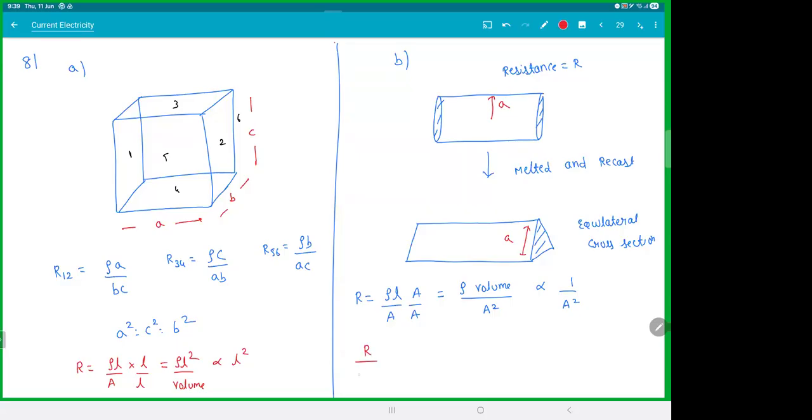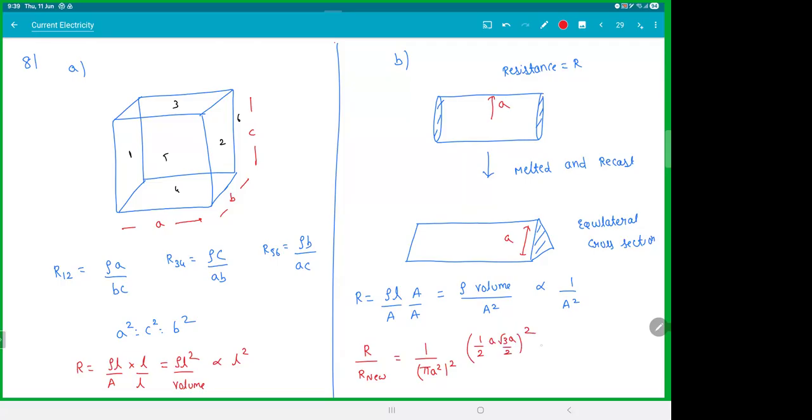So R by R new: what was the initial area? Pi a square, whole square, into 1 by the area of the new one. This is an equilateral triangle, so what is the area? Half base into height. Half base height is root 3 a by 2, whole square.